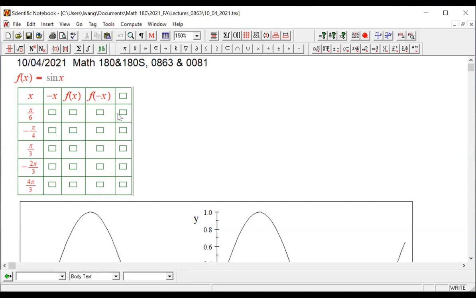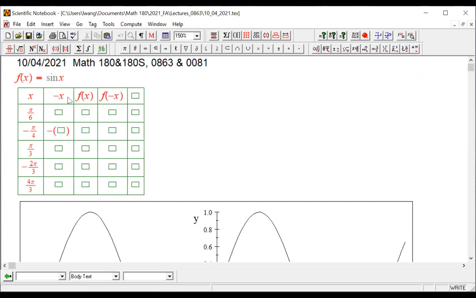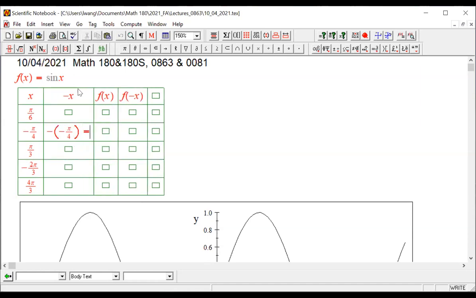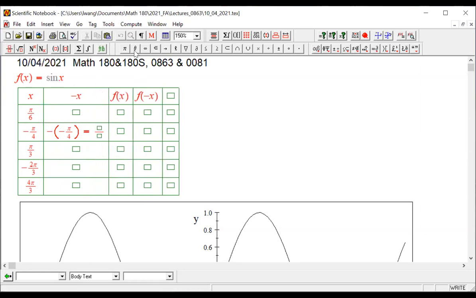Okay, I'm going to give you an example. For negative pi over 4, I'm doing something in the middle. What is negative x? Because x is negative pi over 4, negative x will be the negative of negative pi over 4, so that's going to be pi over 4.